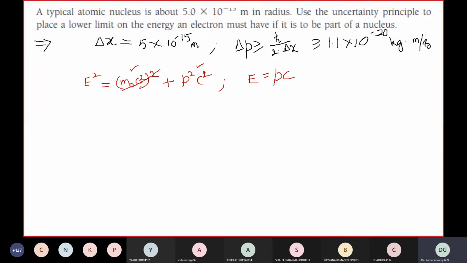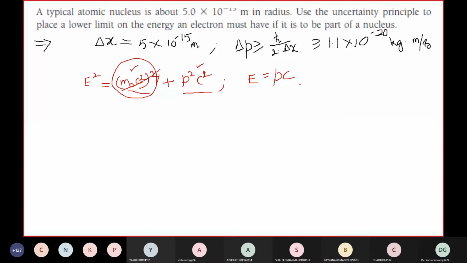If that body is moving, this E equal to mc square is also there, and then the kinetic energy p square c square is also there. But here, the body is moving so fast that the rest energy of the body is insignificant. You can neglect it. Therefore, the total energy is E square equal to p square c square, or E equal to p into c.